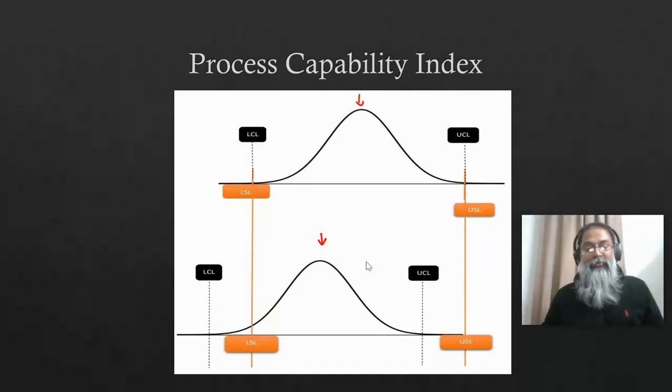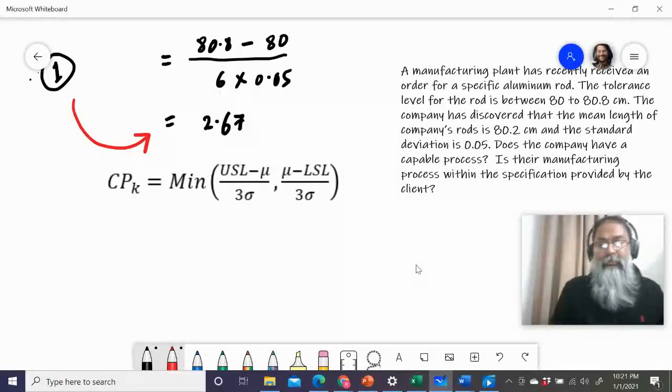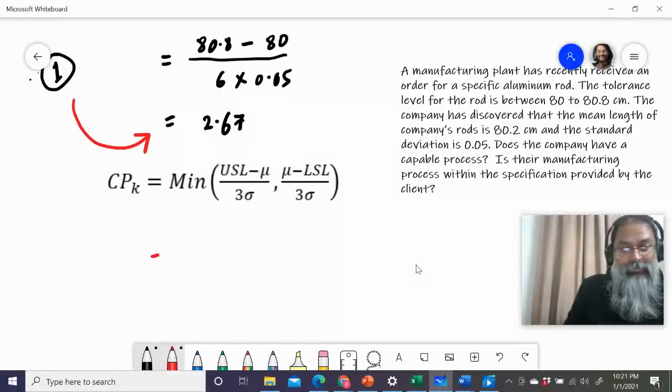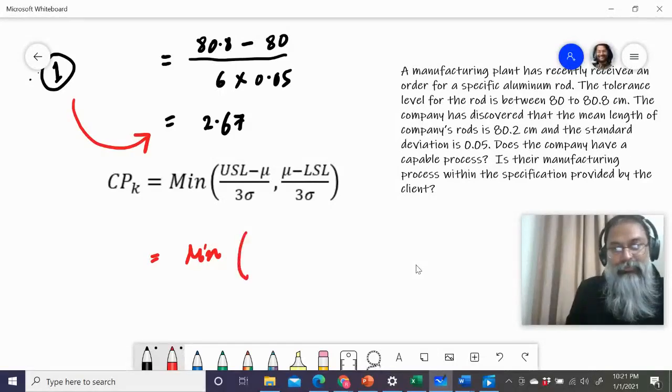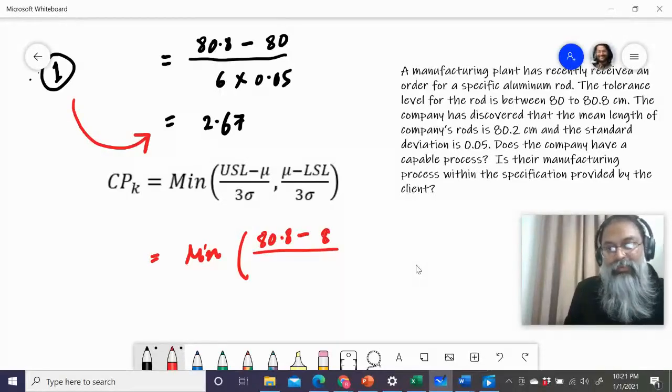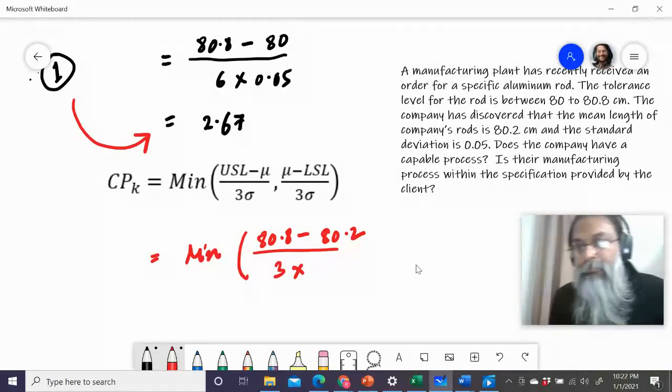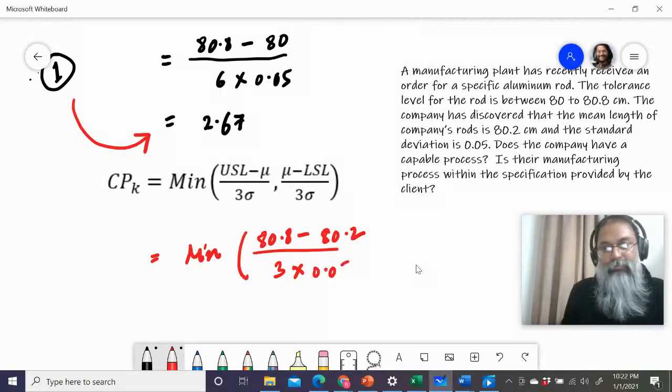So let's get back to the CPK equation. Now let's calculate CPK, and you can see CPK is the minimum of these two equations in the middle. So let's calculate these two equations. The upper specification limit here is 80.8, and the mu of the process is 80.2, and our sigma is 0.05.